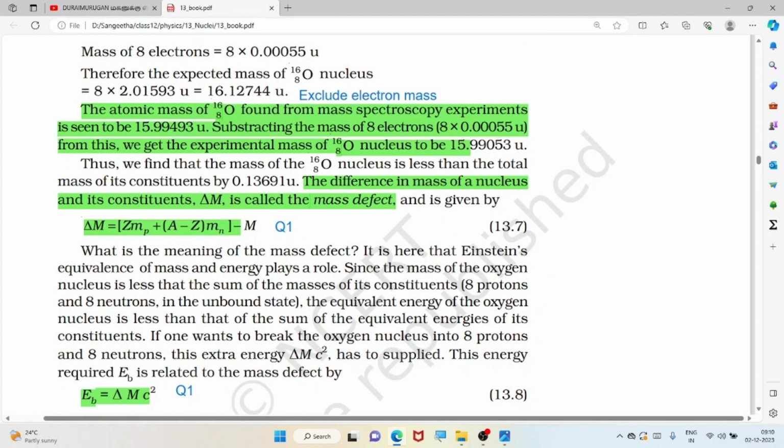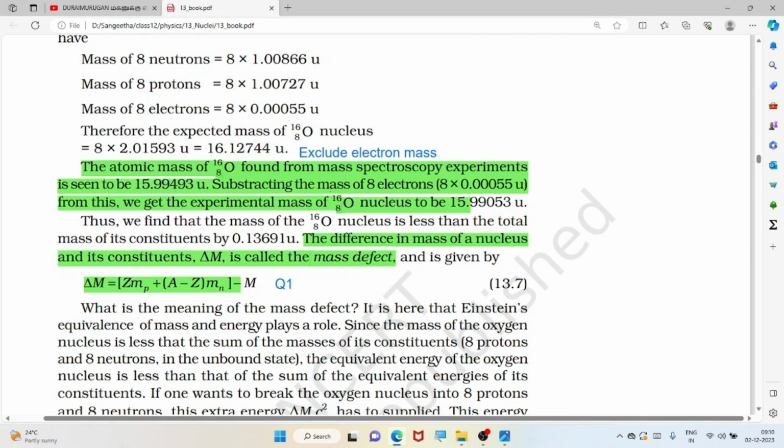Here you see the mass number is the number of protons plus the number of neutrons, but there are electrons also. The atomic mass of oxygen found from the mass spectroscopy experiment is only 15.9.